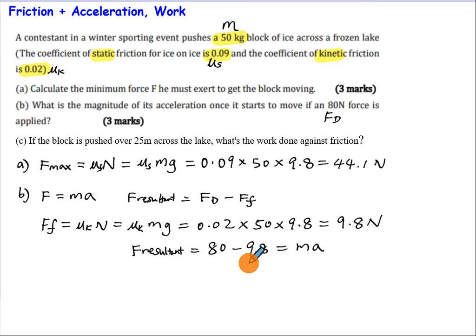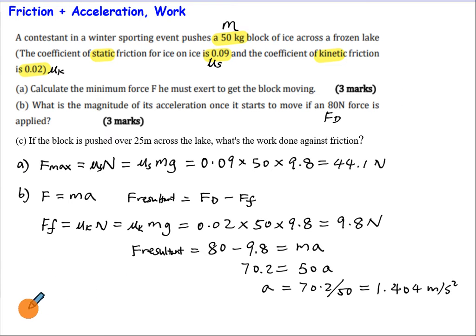So 70.2 equals 50, the mass, times a, and acceleration is 70.2 over 50, and that equals 1.404 meters per second squared. So that's part B done.